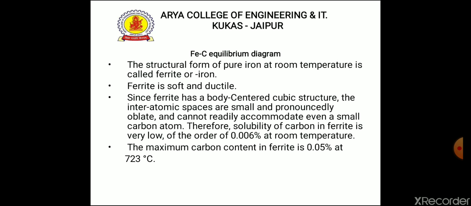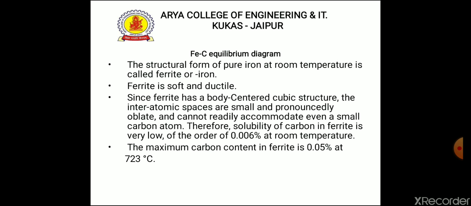The structural form of pure iron at room temperature is called ferrite or alpha iron. Ferrite is soft and ductile. Since ferrite has a body centered cubic structure, the interatomic spaces are small and pronouncedly oblate and cannot readily accommodate even a small carbon atom.